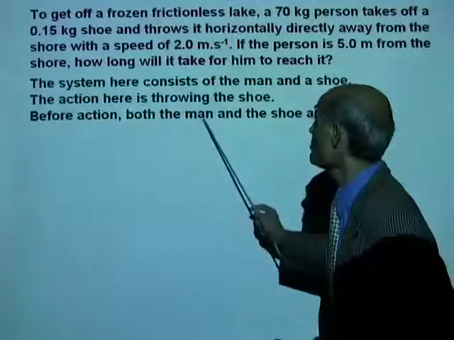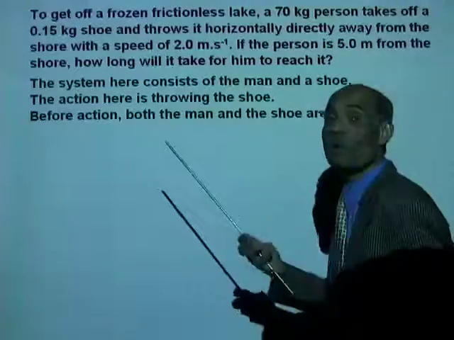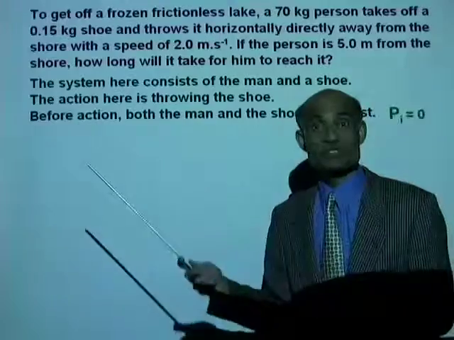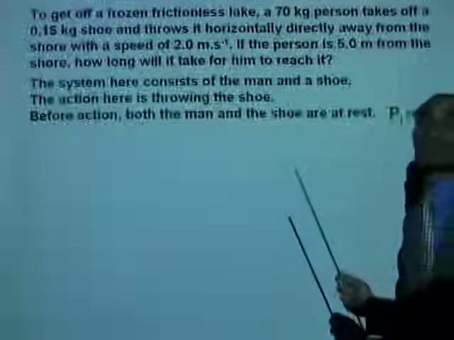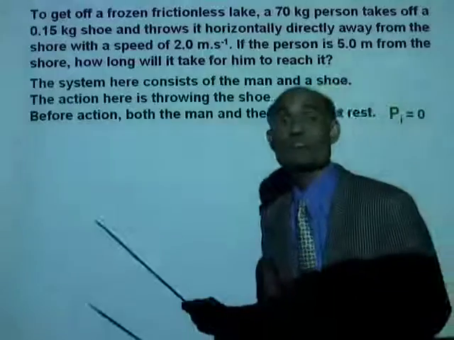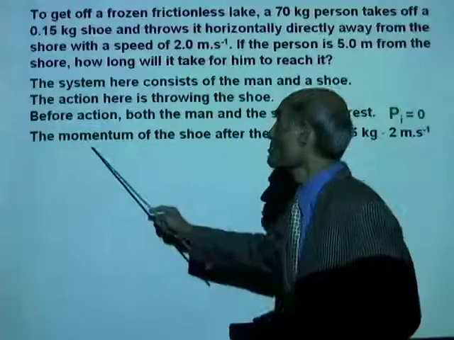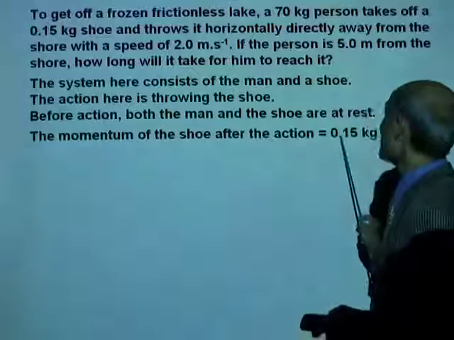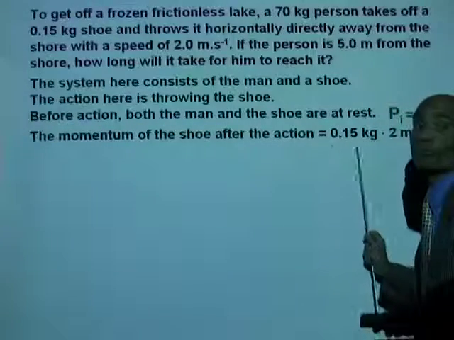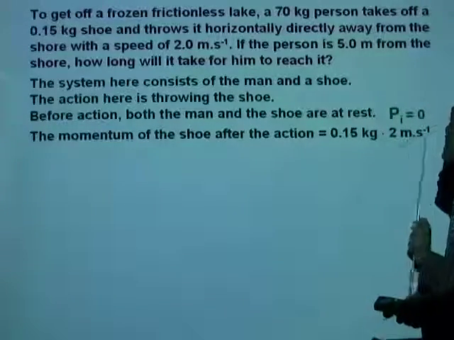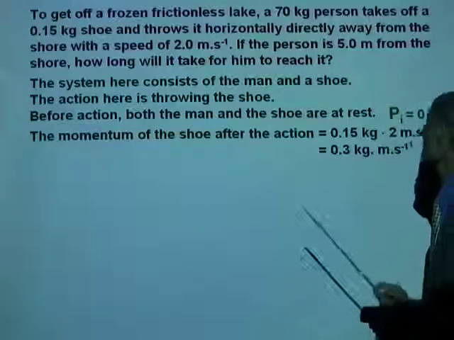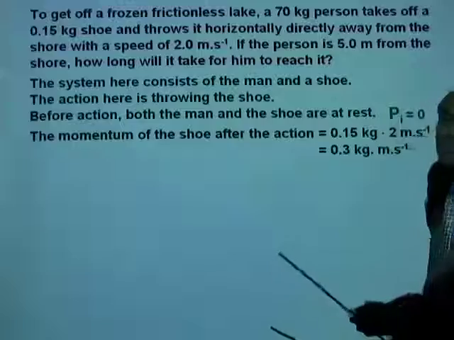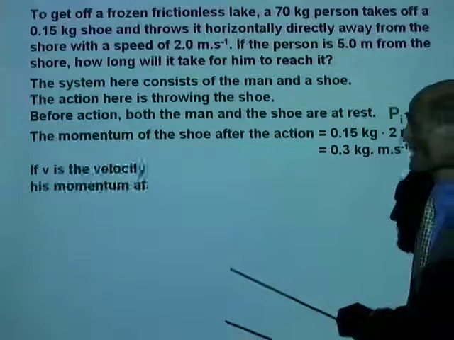Before the action, both the man and the shoe are at rest. So what is the total momentum before that action? The initial momentum before action is 0. The momentum of the shoe after the action is 0.15 kilogram times 2 meters per second. That will be 0.3 kilogram meter per second. Alright?